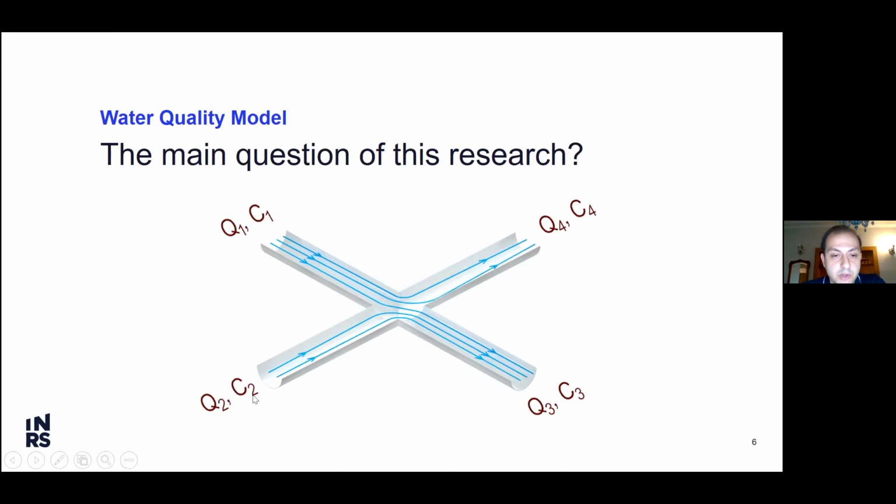It means that, for example, if we have a concentration of 0 here and a concentration of 100 here, when all the flow rates are the same, the concentration in the outlets will be 50 and 50, the average of the inlets' concentrations. But recently it was proved that this is not a right assumption for mixing phenomena in water distribution networks. So let me share a video with you.